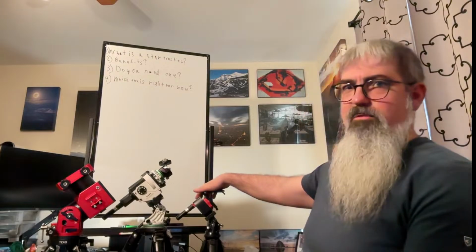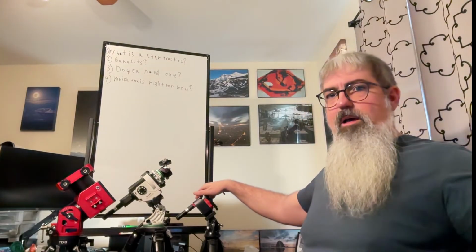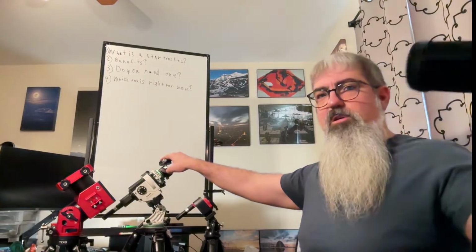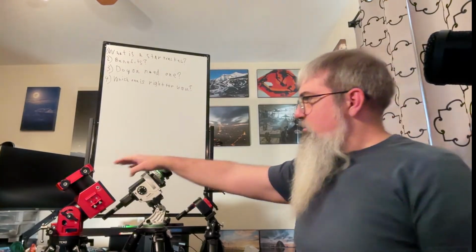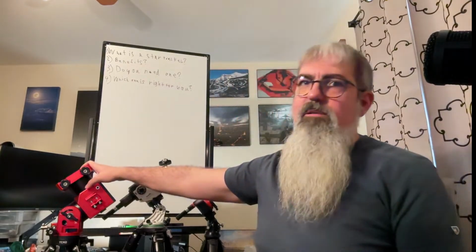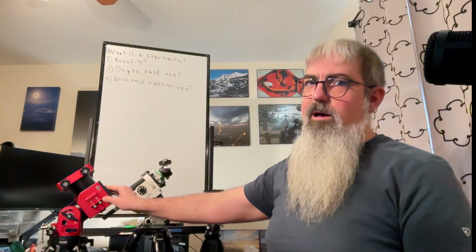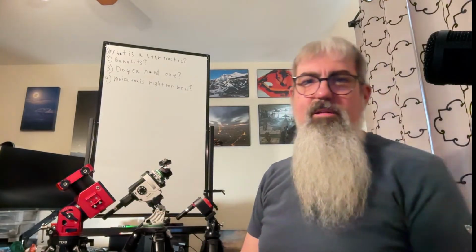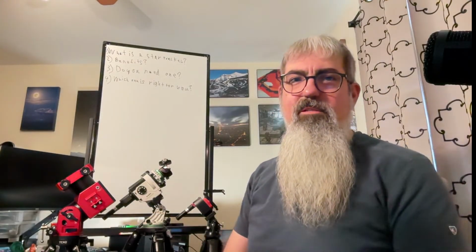This is a Move Shoot Move Nomad tracker, and this one over here is the Skywatcher Star Adventurer. And then we've got this one here, which is the ZWO AM5. So you may be noticing that the ZWO AM5 does not have a polar scope or any attachment for a laser, and that's because it requires a more precise alignment.